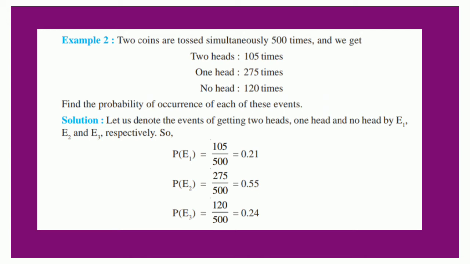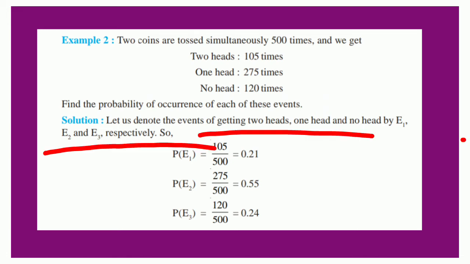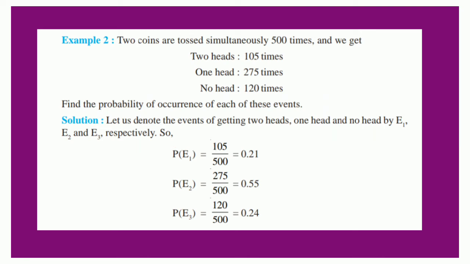So we can take the event of getting two heads as E1, one head as E2, and no head as E3. Therefore, the probability of E1, two heads, is 105 divided by total trials 500, which is equal to 0.21.